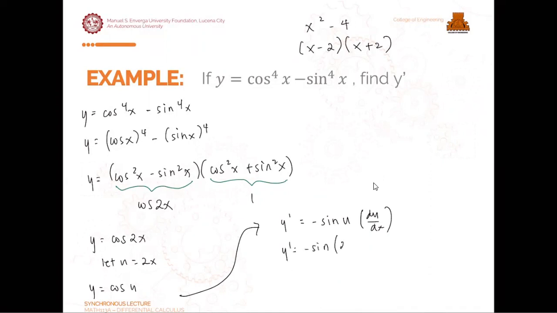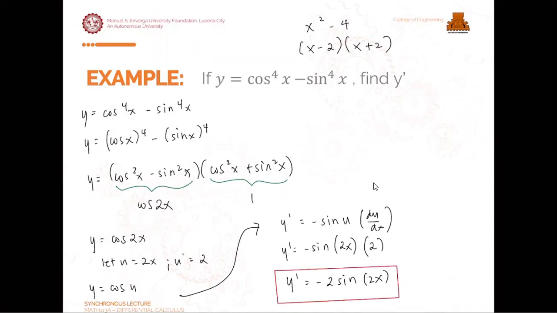Value ng u natin is 2x. Then, du dx natin, ang u prime natin is 2. So, yung final answer natin is negative 2 sine 2x. Okay? So, this will be our final answer.